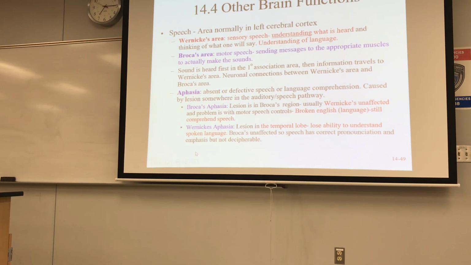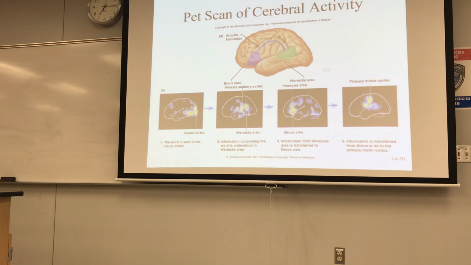So we need both of them to have the proper language skills. Now, notice here, we don't have anything about written language. We're talking about spoken at this point, right? Now, if you have a problem with one, usually you shouldn't have a problem with the other. If you do, take a look at how big and how much room is between these two areas.